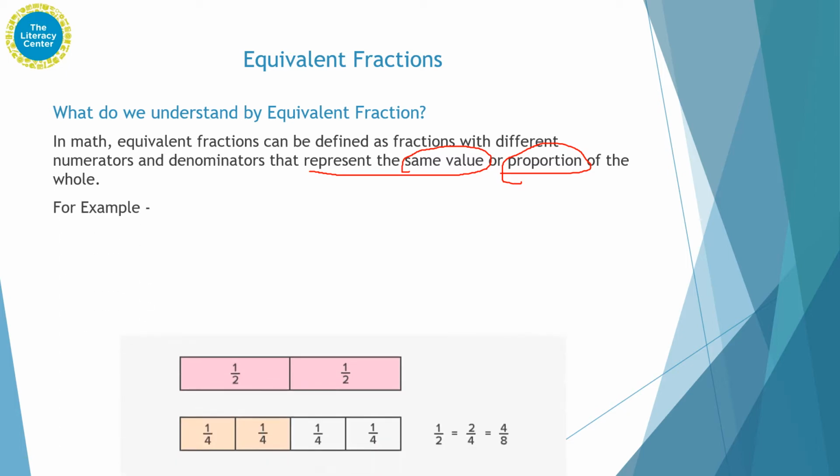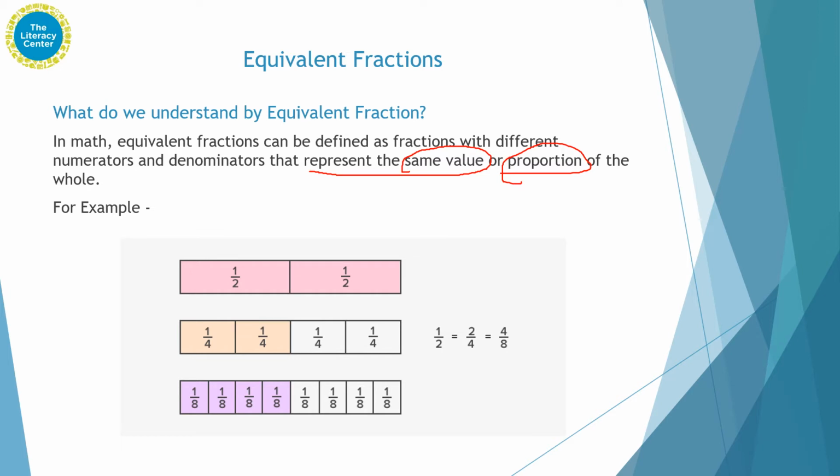For example, if you see these rectangular bars here, let's see the first one. This is the whole rectangular bar, and if you divide this into two equal parts, how are you going to represent this half part?